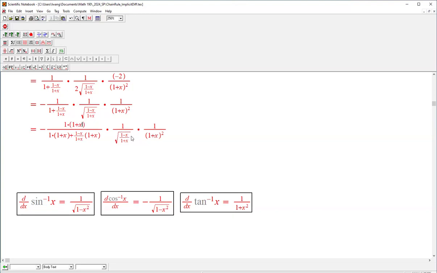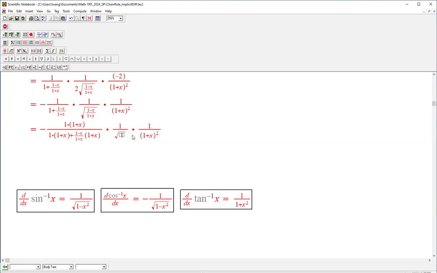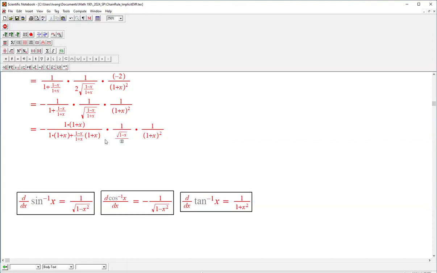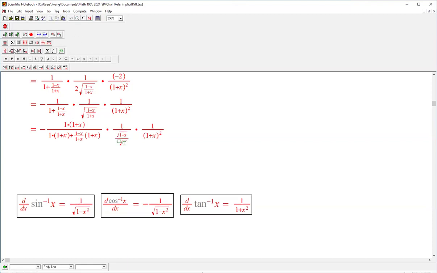Boom. On this one, I'm going to write it as 1 minus x divided by root of 1 plus x. Writing it this way, treat it as a complex fraction, so I'm going to multiply root of 1 plus x on top and the bottom.